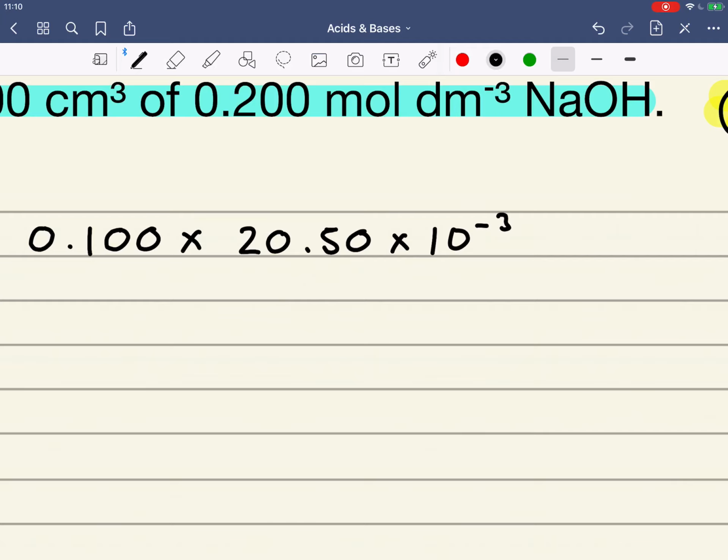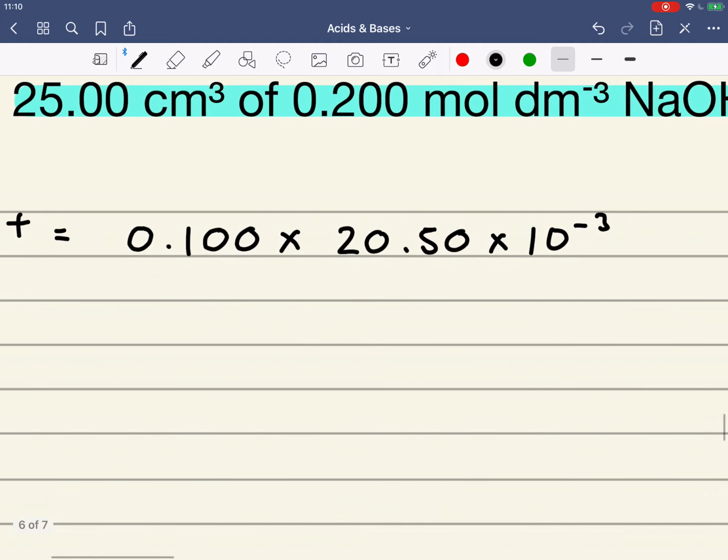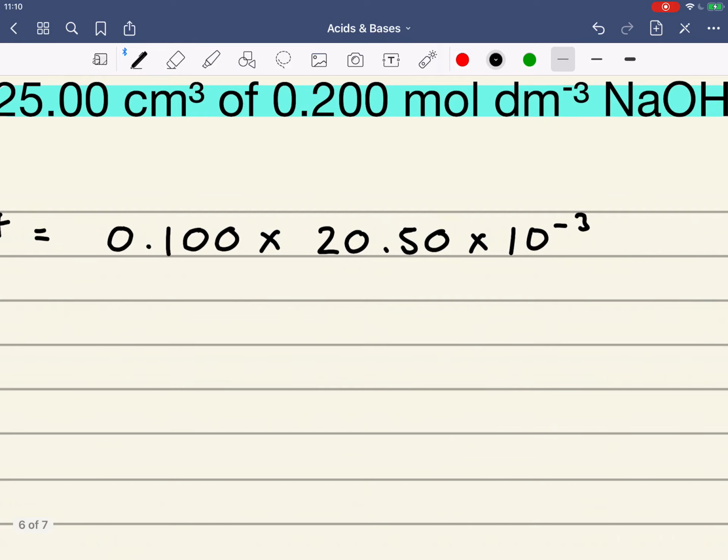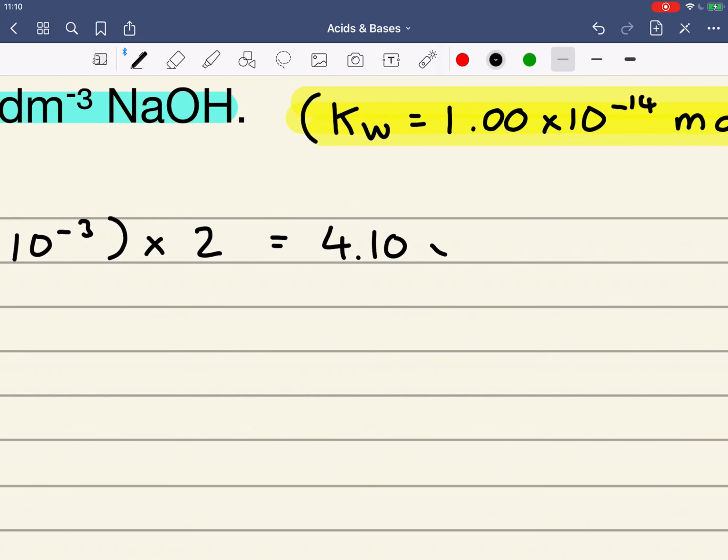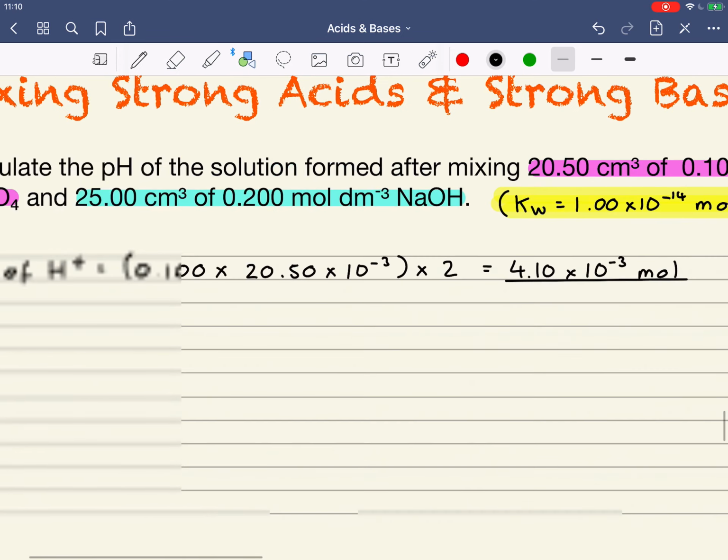Now that would give you the number of moles of sulfuric acid, but we need to times this value by 2 to get the number of moles of hydrogen ions. And when you do that, you get 4.10 times 10 to the minus 3 moles. And that's the first point there.